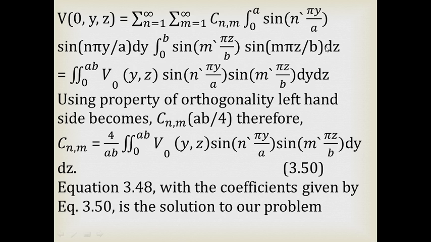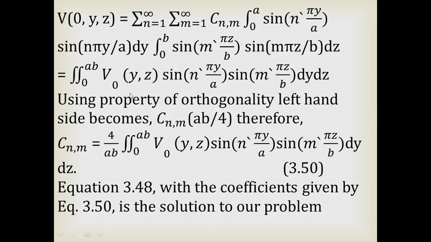This is the integration over the variable z. This is equal to, on the right hand side, the double integration 0 to a, 0 to b, V0, which is a function of yz, sine n dash pi y upon a, sine m dash pi z upon b. These two terms we have multiplied on the left hand side, so we multiply on the right hand side and take this integration dy dz from 0 to a as well as 0 to b.